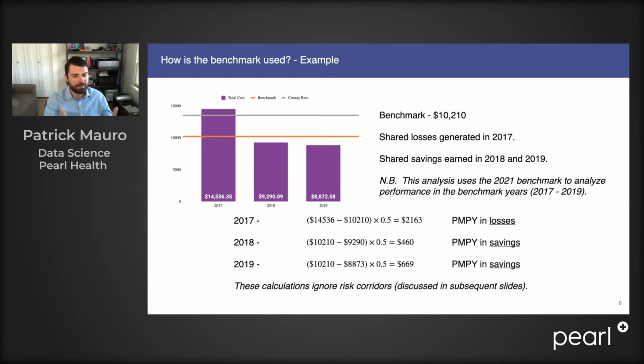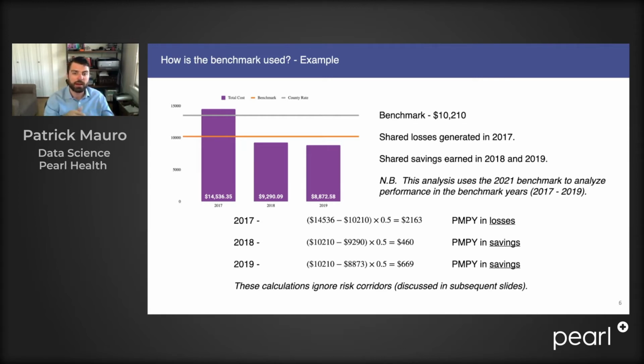So diving a bit deeper, just looking at the specifics of these calculations, I love worked examples, we can look at 2017. The total cost of care was $14,500. If we subtract away the benchmark, about $10,000, we'll get some quantity. We're splitting that 50-50 with CMS because we are a professional DCE in this example.